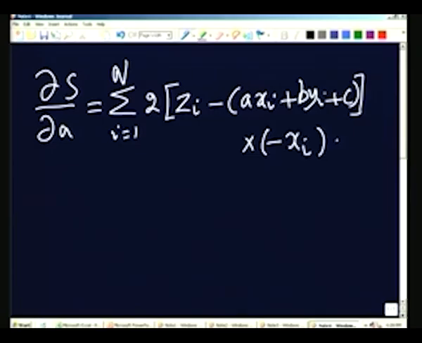This is equal to 0. This is one normal equation. Similarly, I have to obtain the normal equation for dou S by dou B equal to 0, dou S by dou C equal to 0. So, three equations will come.